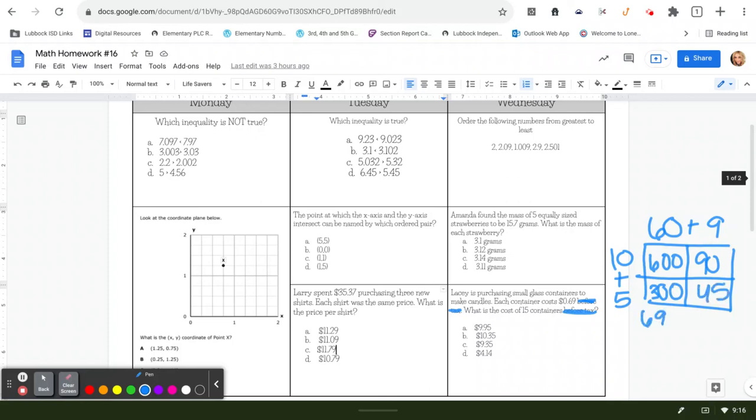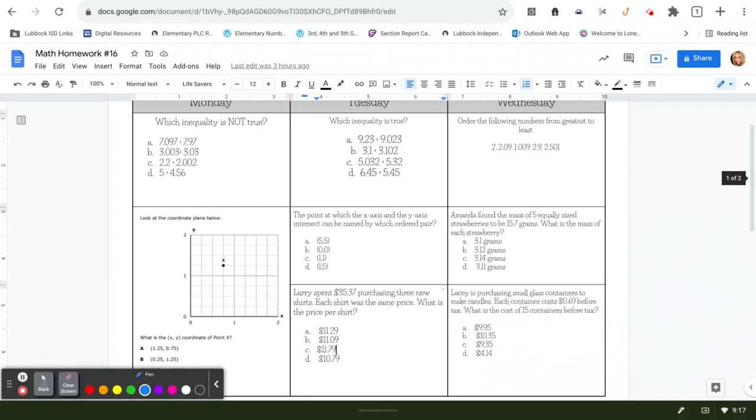We're going to add these up. Okay, now I need to look how many digits in the original problem are behind a decimal. 1, 2, 1, 2 for an answer of B.